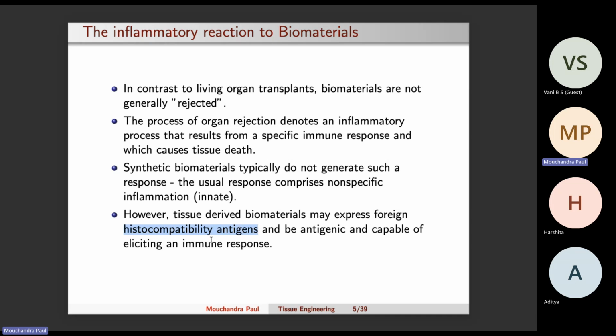But if we are implanting a biomaterial which is of natural origin, and those materials are already natively there in our tissue, our bodies will still perceive it as foreign because of the presence of foreign histocompatibility complexes, and these are going to trigger antigen and antibody interaction, and thus an immune response will be elicited.